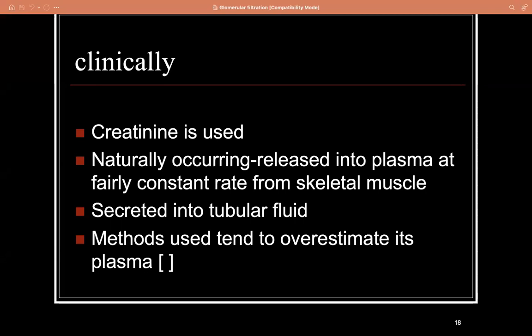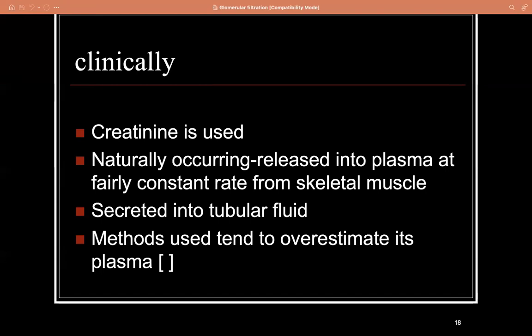And therefore, it is not very accurate in measuring, but it is used to estimate the plasma concentration of that particular substance. And therefore, because it's easy to measure creatinine, if the levels of creatinine are high, then you know that the renal function is low. The creatinine level is going to correlate with the renal function. If the creatinine level is normal, then you know the renal function is normal, GFR is normal.